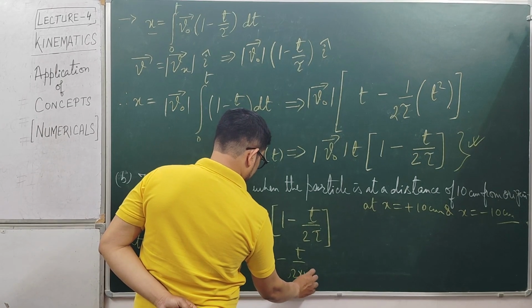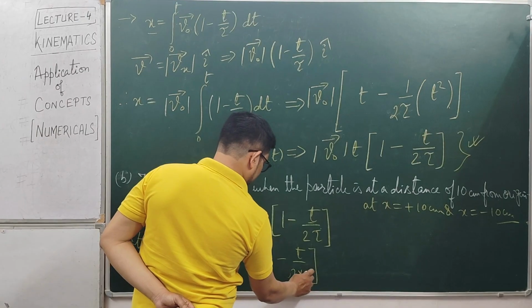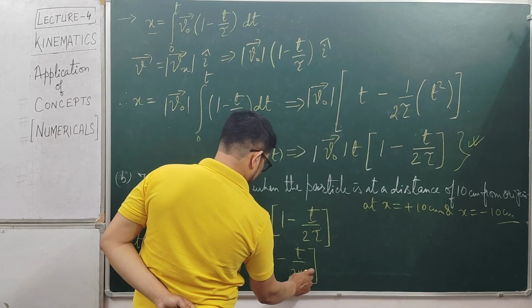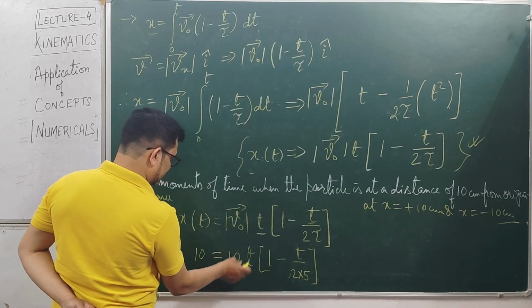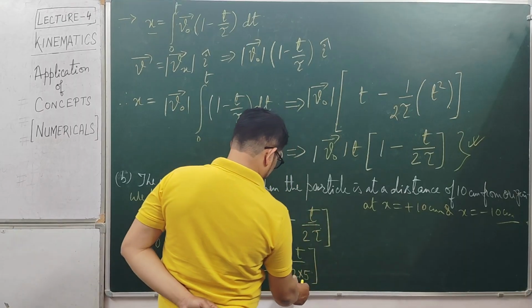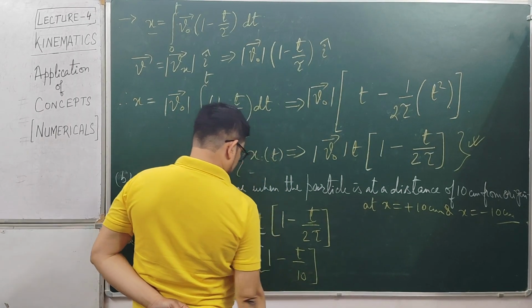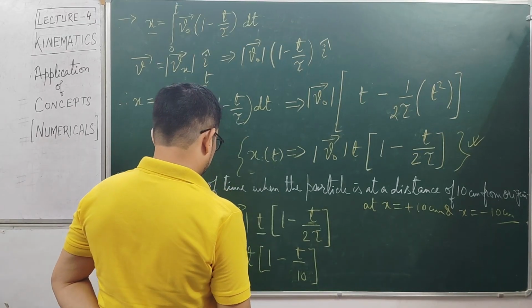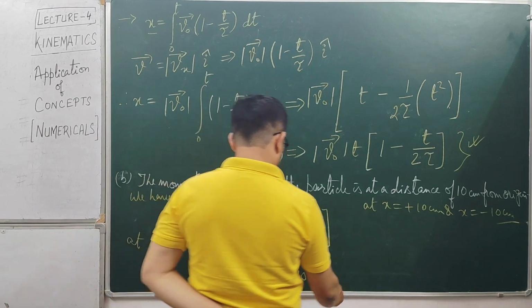Tau was 5 seconds, given in the problem if you remember, and the velocity was given as 10. So 5 times 2 is 10 here. If you take the LCM and move forward, you'll get a quadratic.